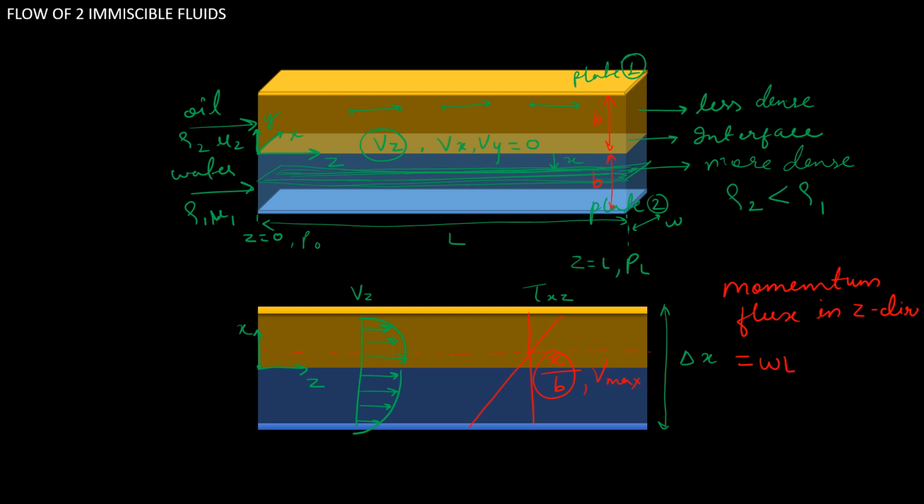This is the width of the plate and length of the plate, into shear stress tau xz at distance x to distance x plus delta x.